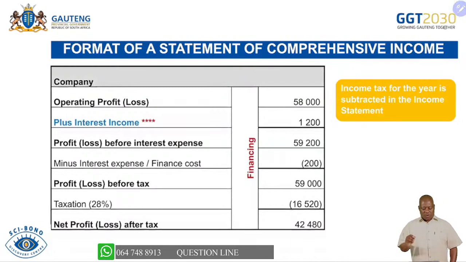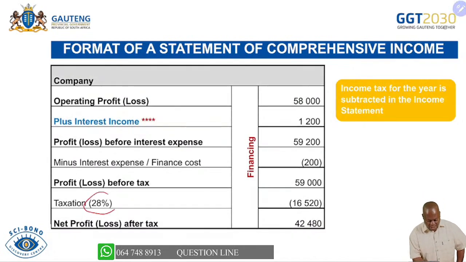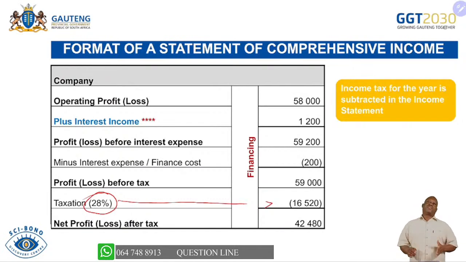So in this case, you can see they are saying taxation is 28%, and this amounts to 16,520. And this is subtracted from the profit before tax to give our profit after tax. That is what our income statement looks like.